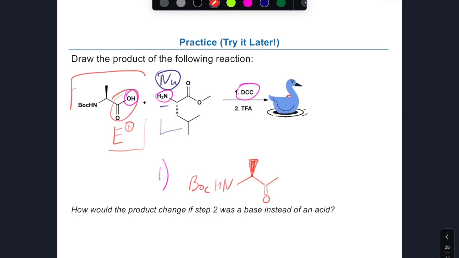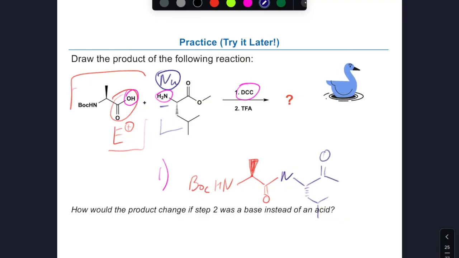And then we've got that other fragment. The nucleophile, nitrogen, will couple to make our amide, and that gives us this guy. It's our isoleucine, I think. Oh man, I can't remember now. Anyway, and our methyl group over here. So that's the product after step 1.